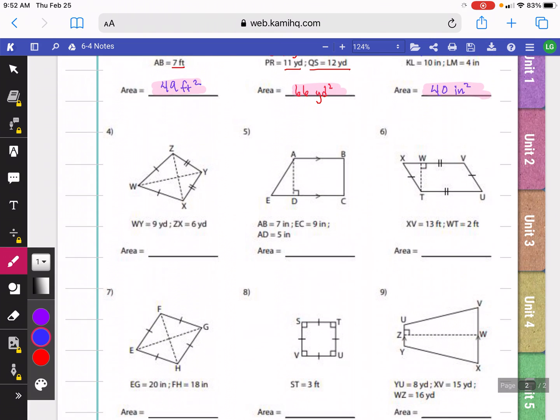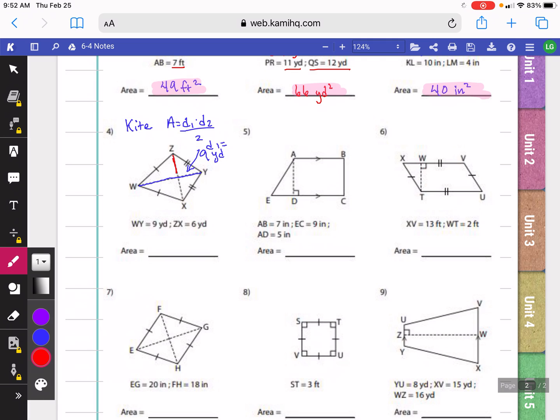In this next example, we have a kite. For kites, the formula for area is the same as for a rhombus. You're going to take your diagonal 1, multiply your diagonal 2, and divide by 2. So here WY equals 9 yards. I'm going to call that my diagonal 1.